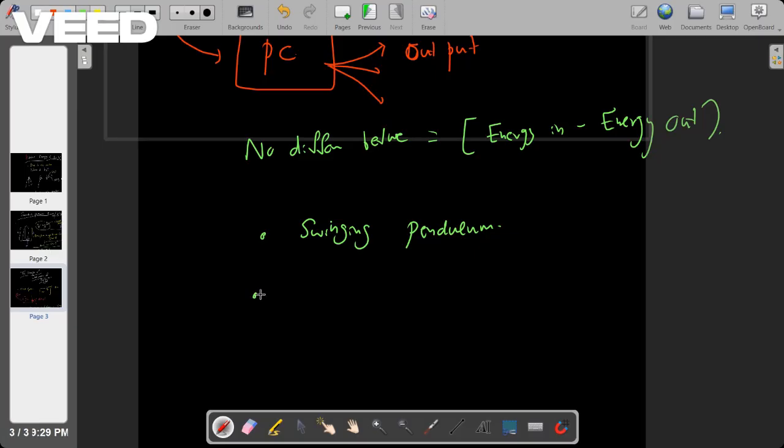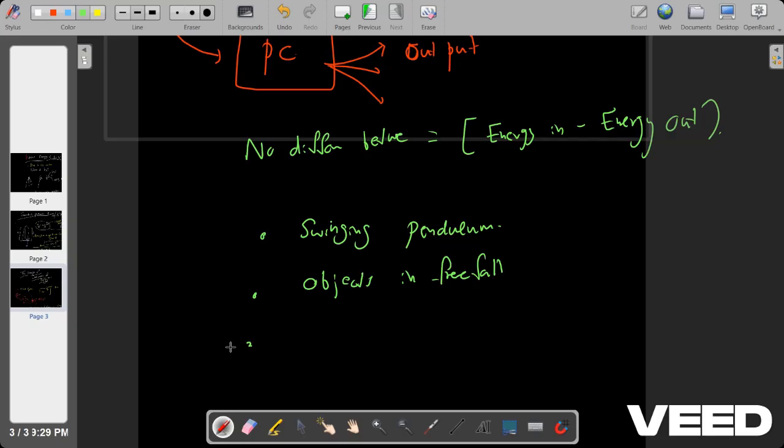And objects in free fall, right? And you can apply these into some scenarios like skiing, basically into every sport.